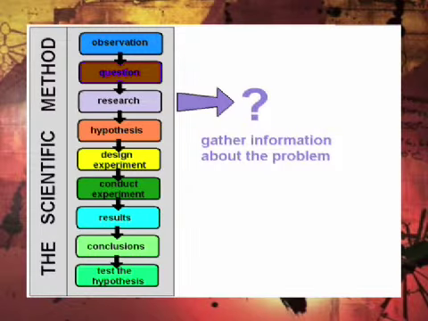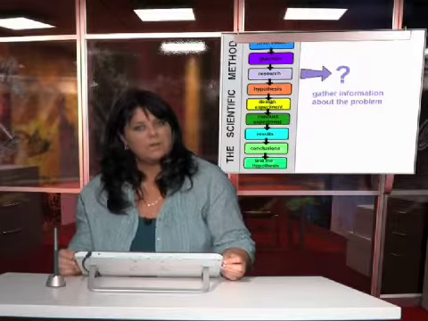Before the break we looked at observations and questions, and now we have to start looking at this thing called a hypothesis. Well, we've gathered some information. We know that grass doesn't just turn yellow for no reason. We've done some research into what turns grass green, what turns grass yellow.